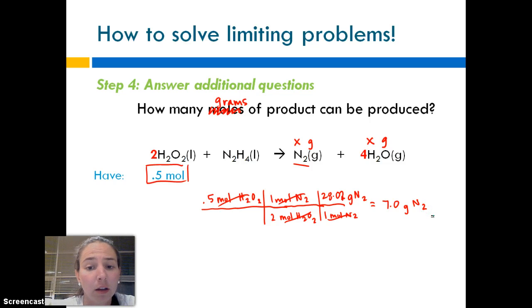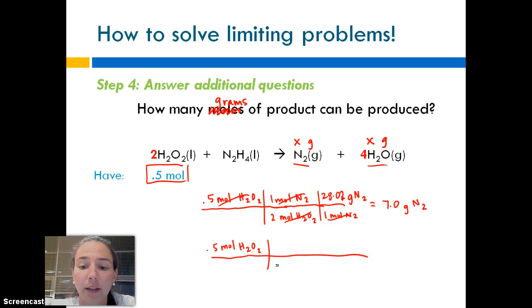I'm going to do the same thing, solving for water this time. Again, I'm going to start with 0.5 moles of my H2O2. This time my mole ratio compares my hydrogen peroxide, which has 2 moles according to the balanced equation, to the 4 moles of water.